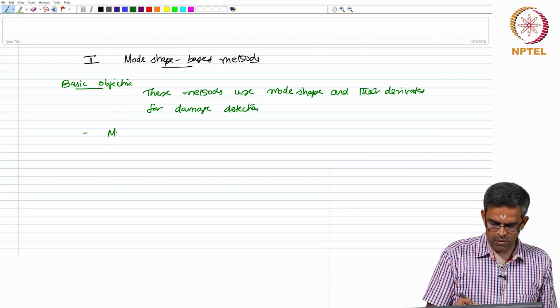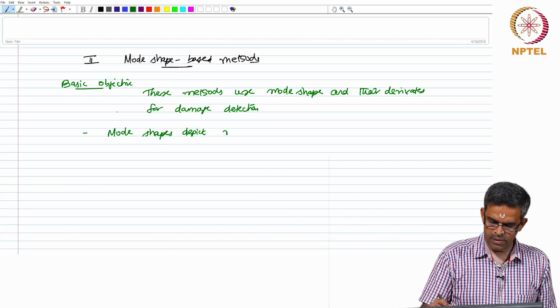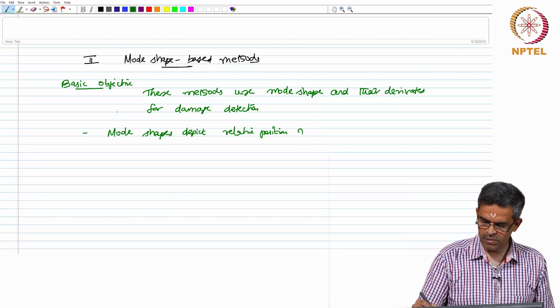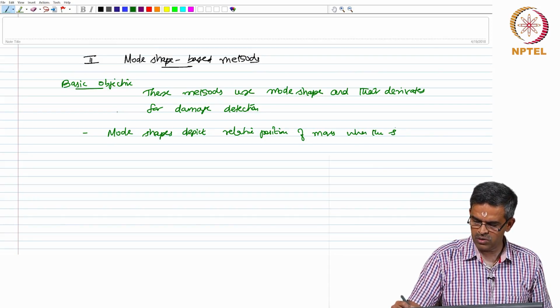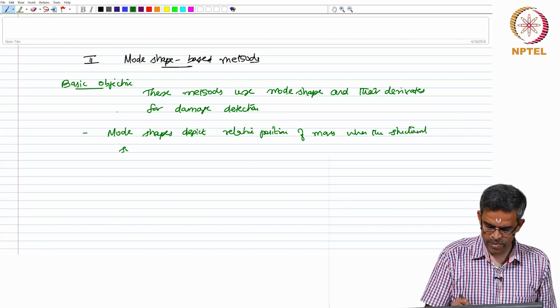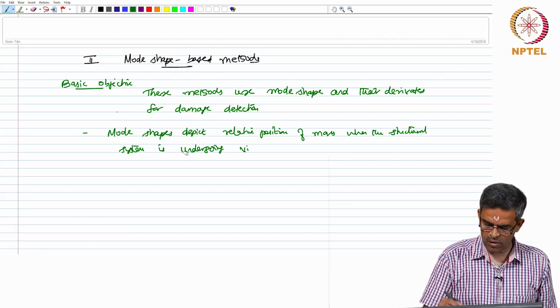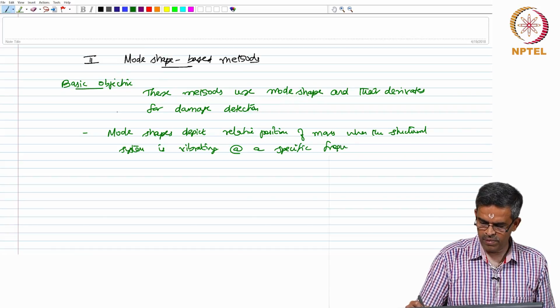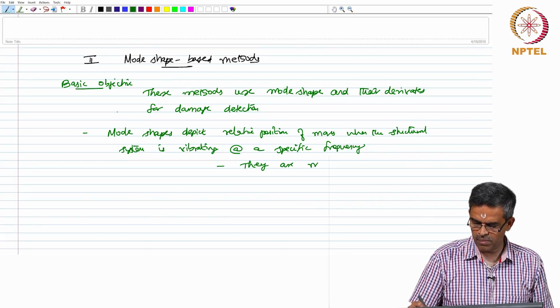Because mode shapes actually depict relative position of mass when the structural system is vibrating at a specific frequency, and therefore, they are mass sensitive.